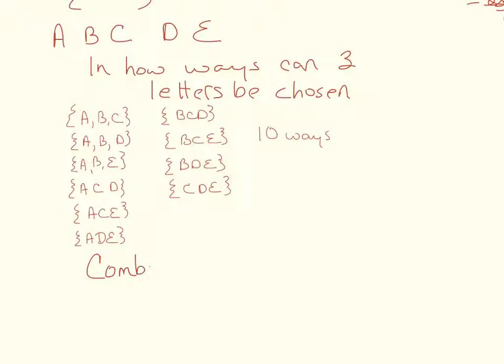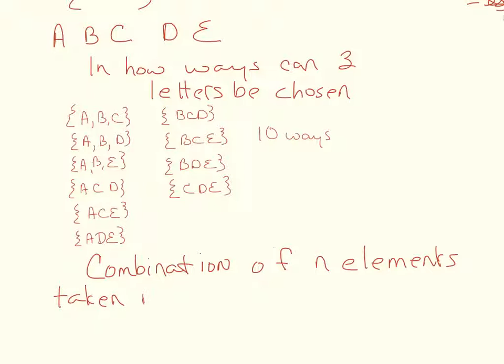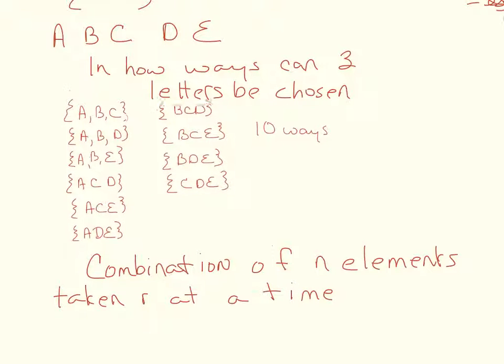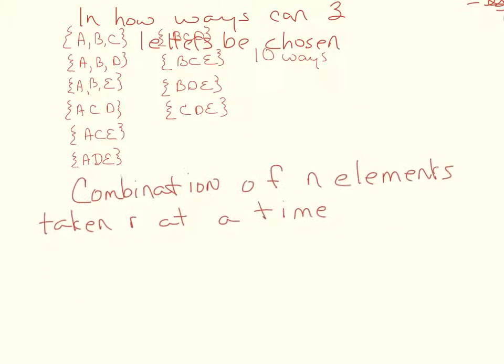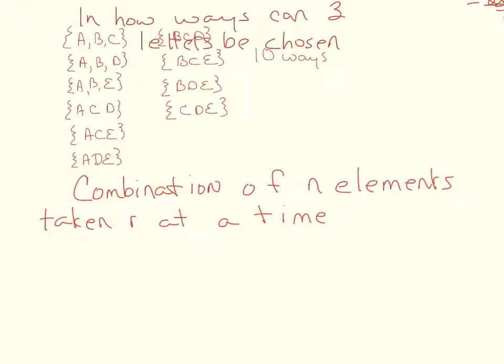The combination of n elements taken r at a time is, instead of nPr, we use nCr.